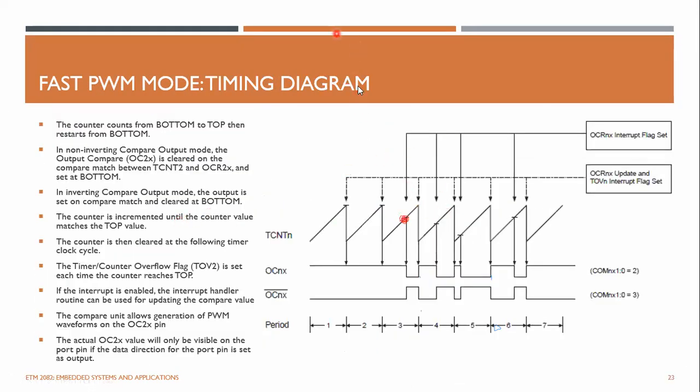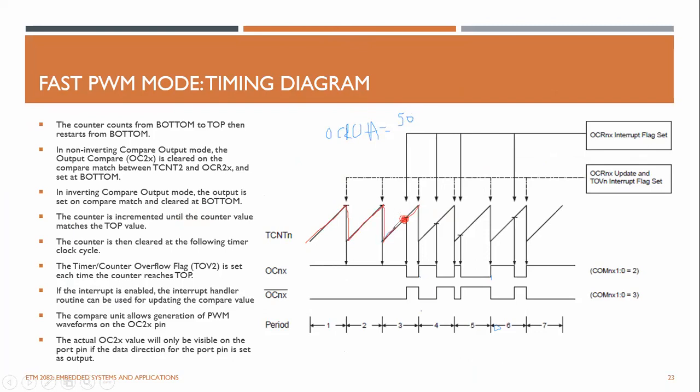So the timer is counting from here to here, likewise, right? And you are writing some kind of value to the OCR0A register. Let's say you have written the value 50.